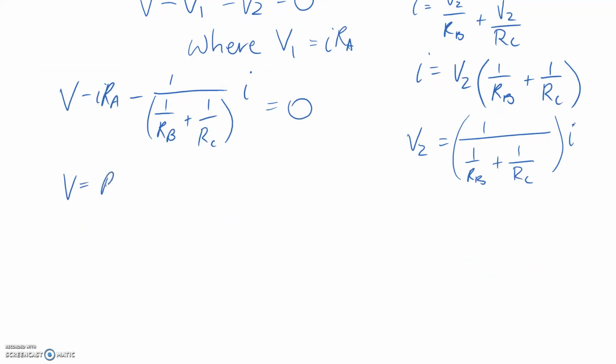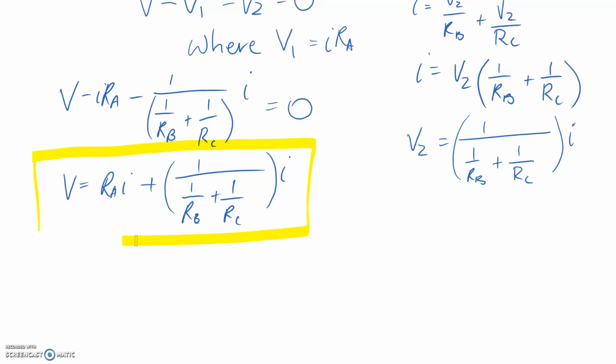That would leave me with RA times I plus all of this mess times I. And of course, if you wanted, you could always factorize out the I's as well. But that's pretty much the final equation that we're looking for.